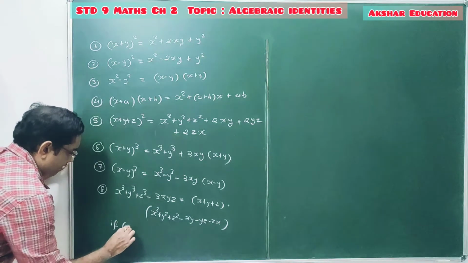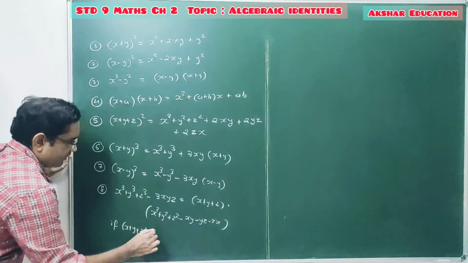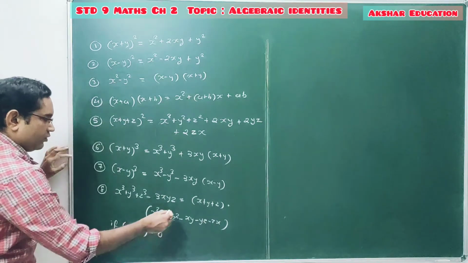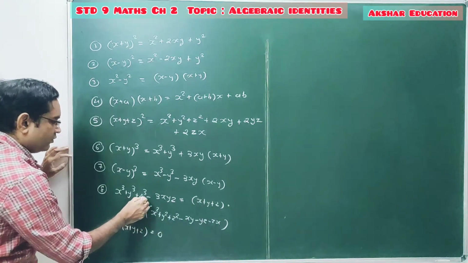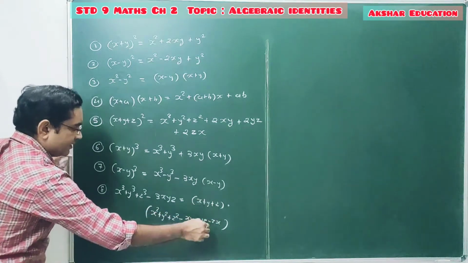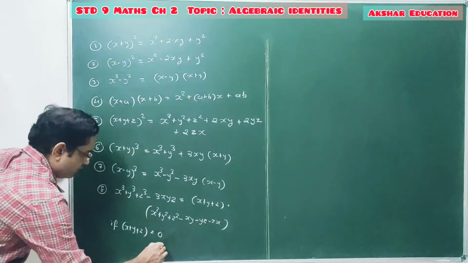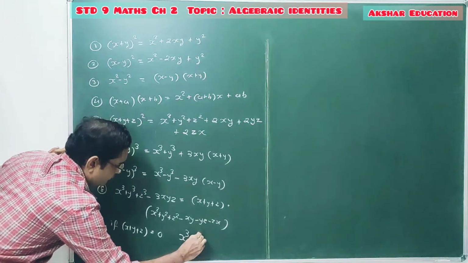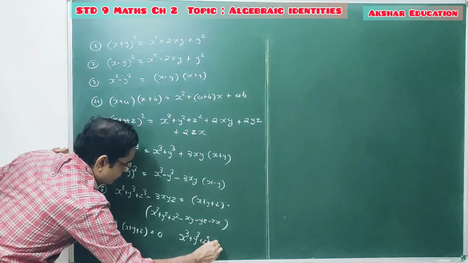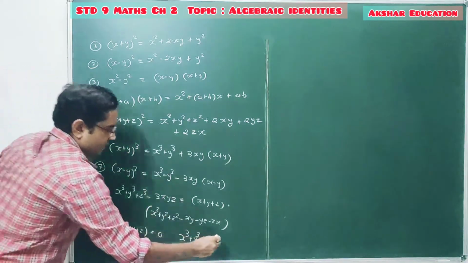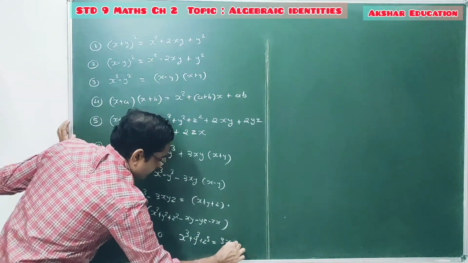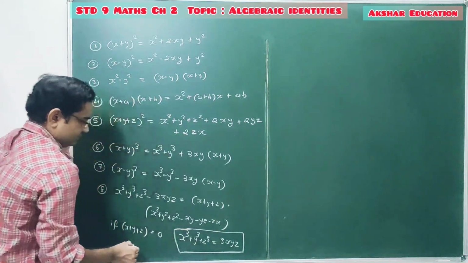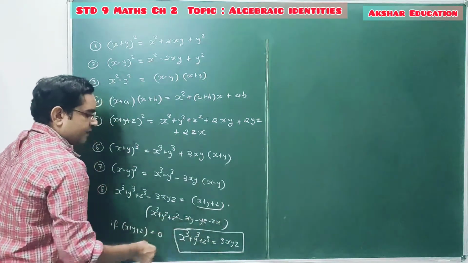If x plus y plus z, the sum of the first 3 terms, is equal to 0, then the right hand side becomes 0.